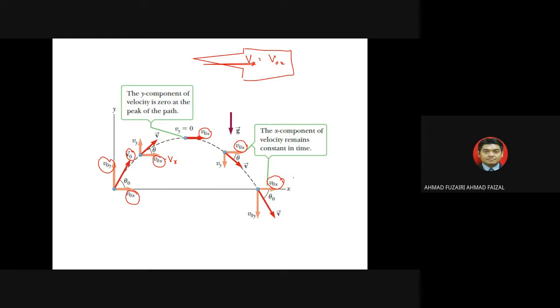But the difference is when you look at the component of initial velocity or velocity on the y-axis. Look at y. First of all it is V naught y, and then it becomes Vy, slightly shorter. Now at the maximum point, Vy will be 0. When the ball starts to go down, Vy will be negative. And it will be negative when it reaches the ground. So that is the difference between Vy and Vx.